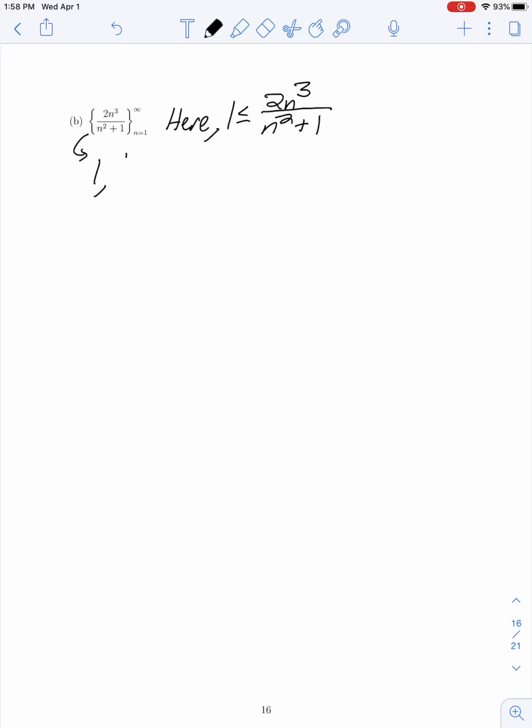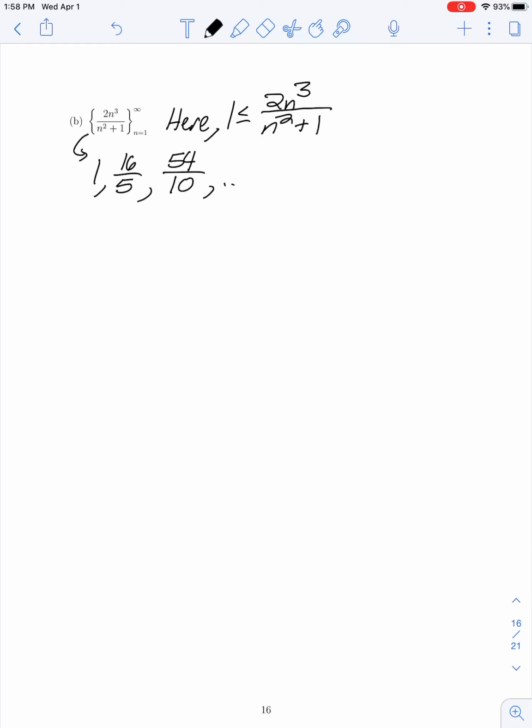So if we were to start with n equals 1, we would have 2 over 2, which is 1. The next term in our sequence, if n equals 2, would be 16 over 5, which is greater than 1.